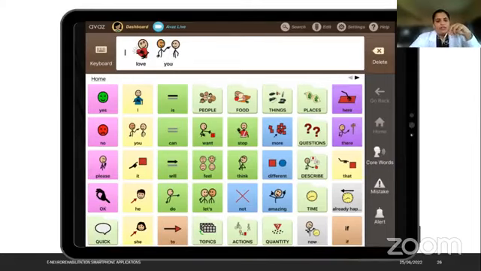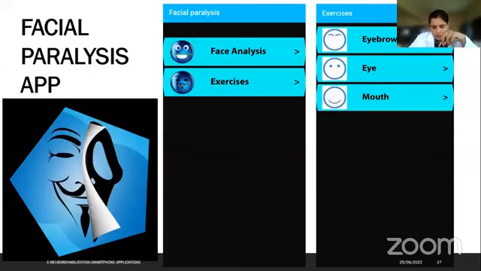Like if a patient wants something or wants food, the patient, or the child, can touch on the food icon, and this application will read the written word loudly. Again, a paid version is there at 3,000 rupees of annual subscription. It can be used by patients with various neurological disorders.